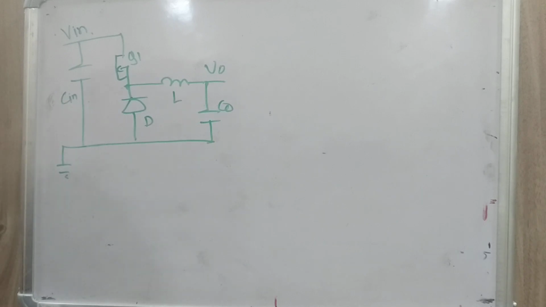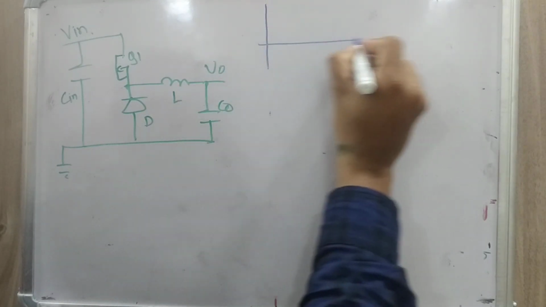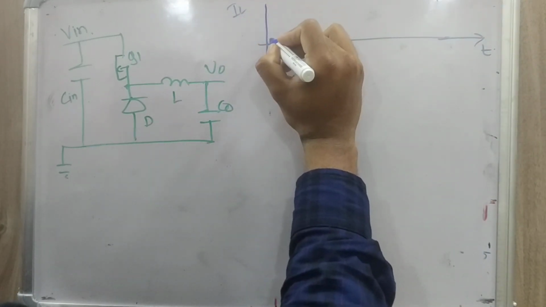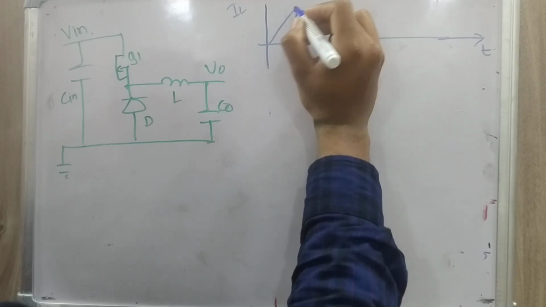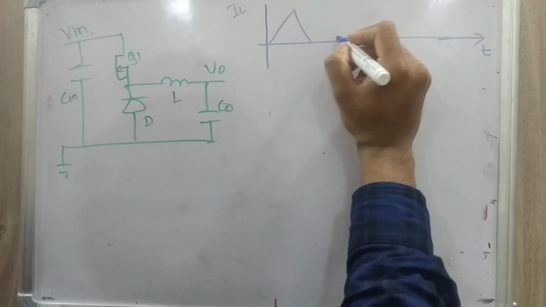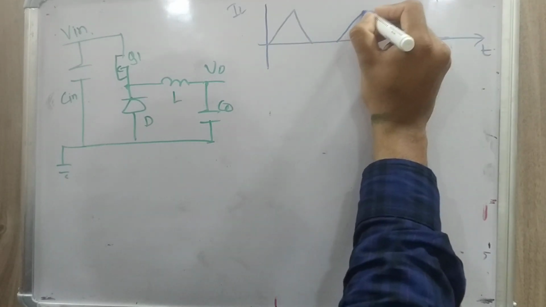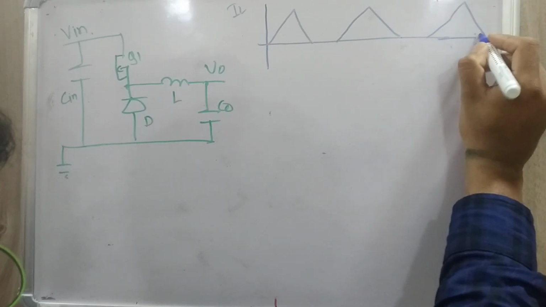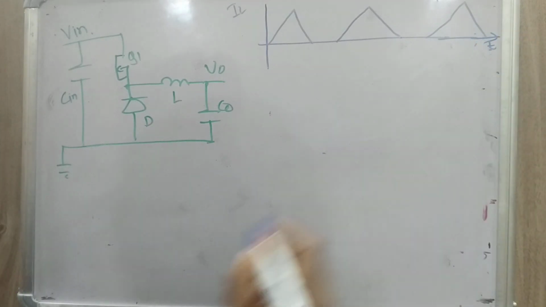Now I will draw the waveforms again. We know how the inductor current looks. The inductor current reaches 0, right? This is the time axis, this is IL. It starts from 0, goes to the peak value, then comes back to 0, then waits for the next PWM cycle, and then starts again.